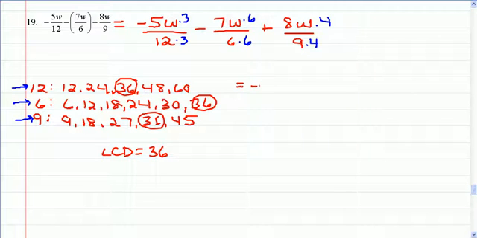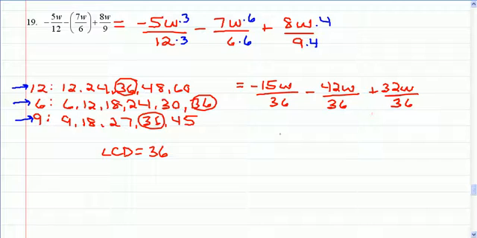And when I take negative 5w times 3, I get negative 15w over 36 minus 42w over 36 plus 32w over 36.